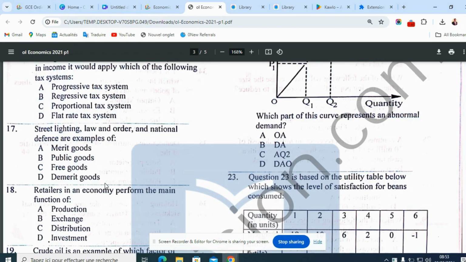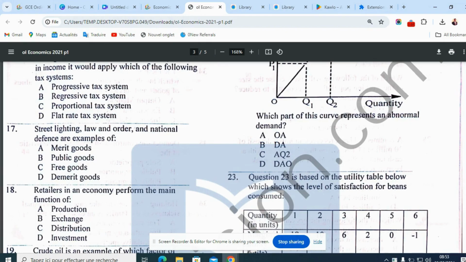The answer is B, public goods, because law and order are public, right? Street lights are public, made by the government, and they are not private, so they are public goods, which is B.